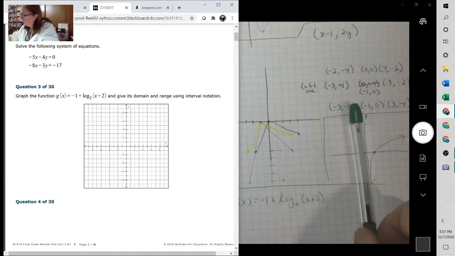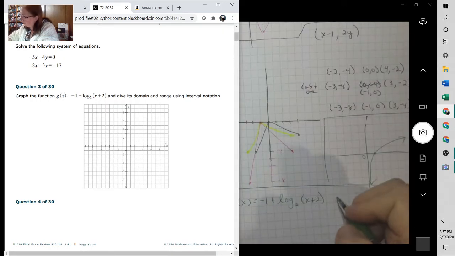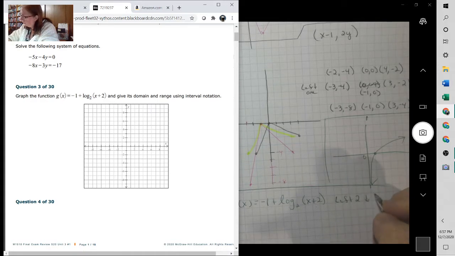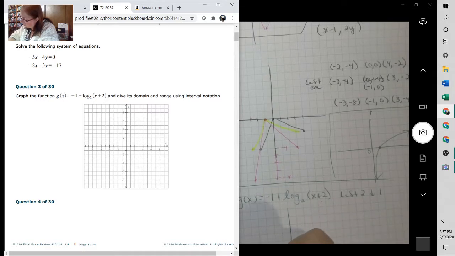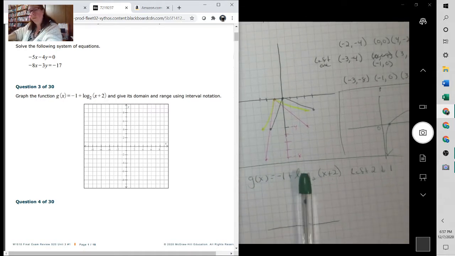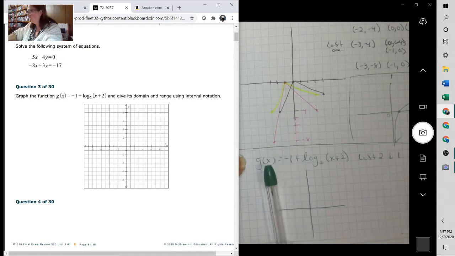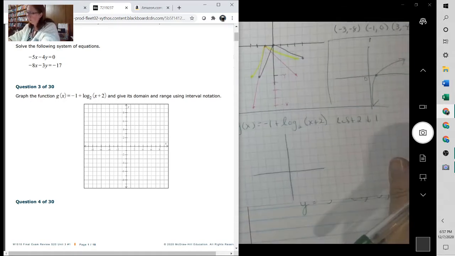So moving right and left, in this case this is moving left 2, down 1. So the asymptote was at 0, it's moving left 2. Moving down 1 isn't going to affect it.